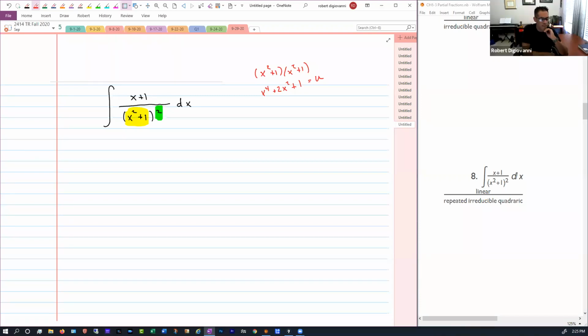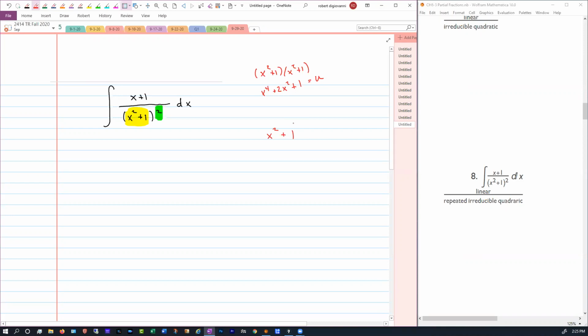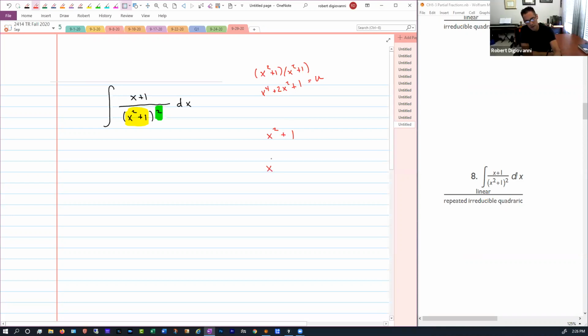You don't need to complete the square if the denominator is okay. X squared plus 1 is already in the form of a completed square, because a completed square always looks like this. It's one or the other. That's what a completed square looks like. It's something squared plus something squared, or something squared minus something squared.